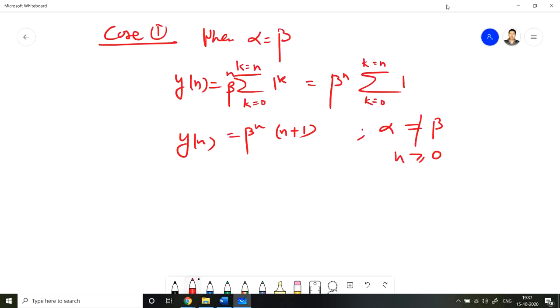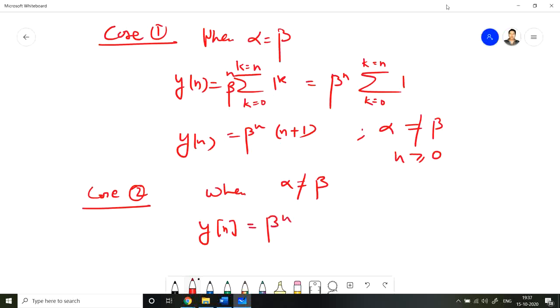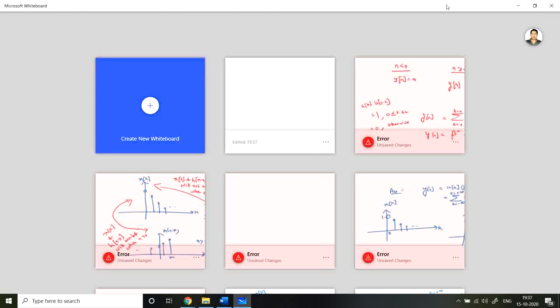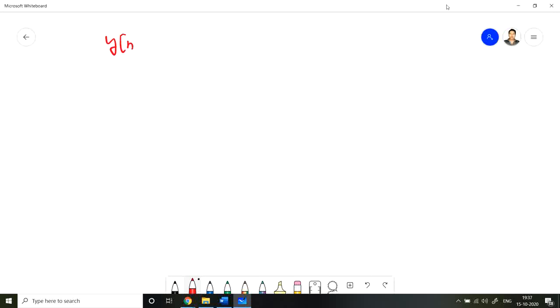Now the second case is case 2. In this case, when alpha is not equal to beta, then y[n] can be written as beta raised to the power n summation k equals 0 to n, alpha divided by beta raised to the power k.